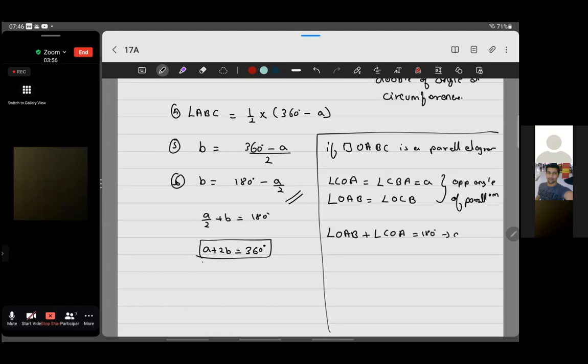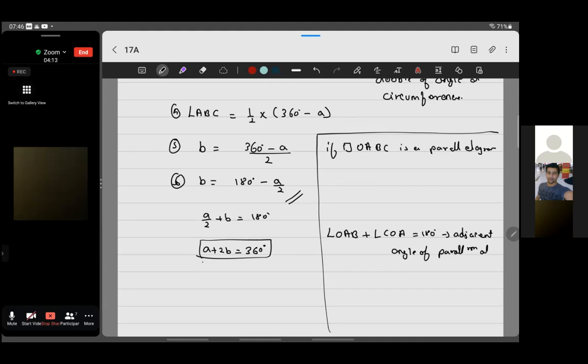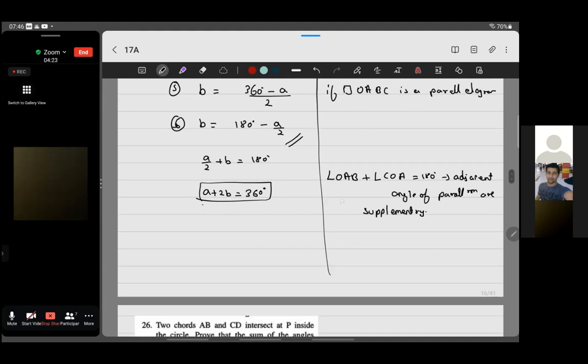Reason: adjacent angles of a parallelogram are supplementary.